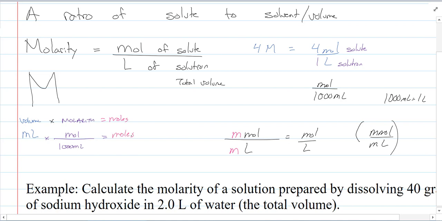And so when we do calculations, when we do stoichiometry, if I have a volume, which is something I can measure, so I have my measured amount in my volume, times my molarity, my concentration, gives me the moles that I'm working with.